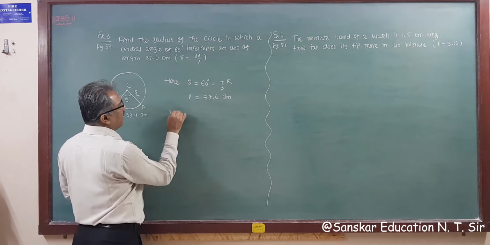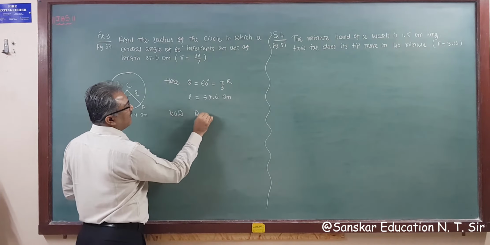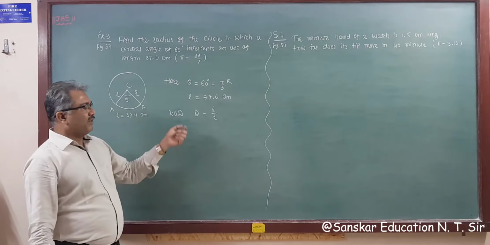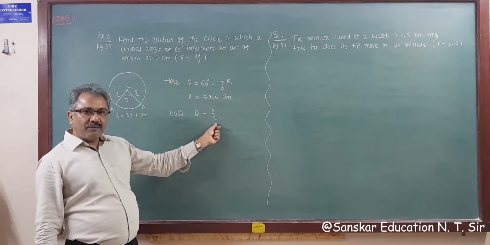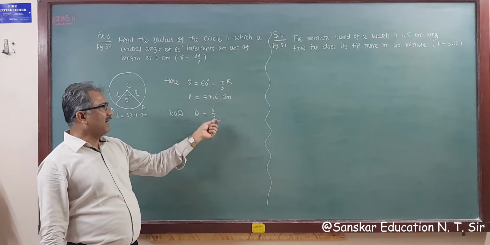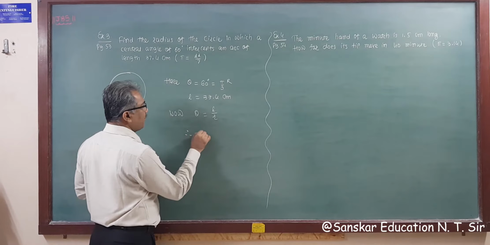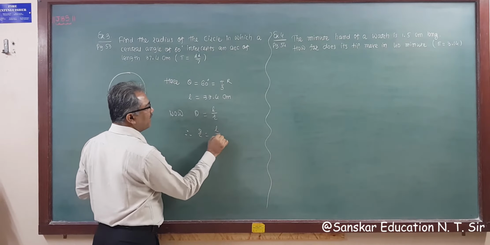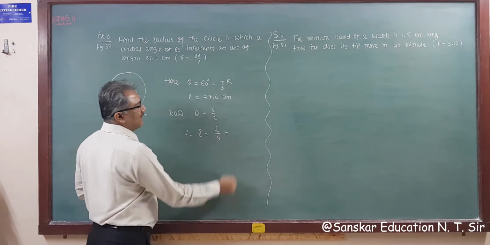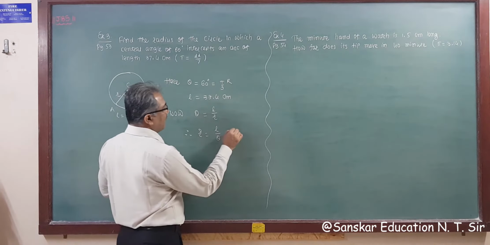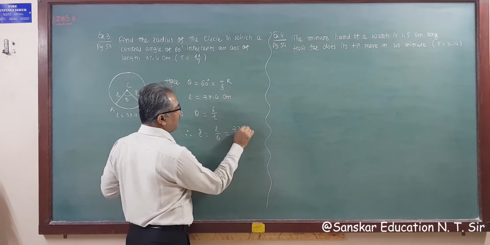Now applying that formula, theta is equal to L upon R. We have to find R, so making R the subject, R is equal to L upon theta. And what is L? Length of arc, which is given as 37.4.